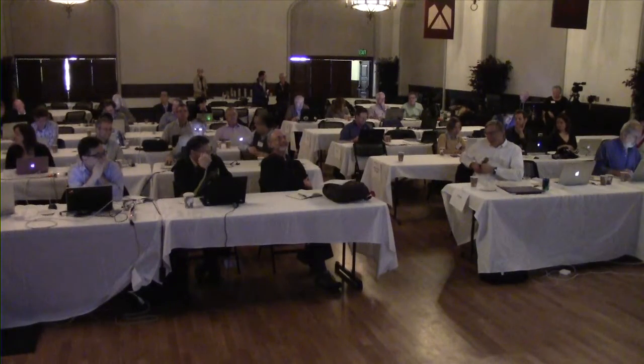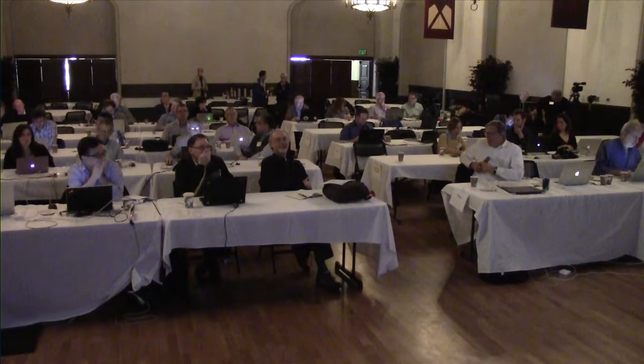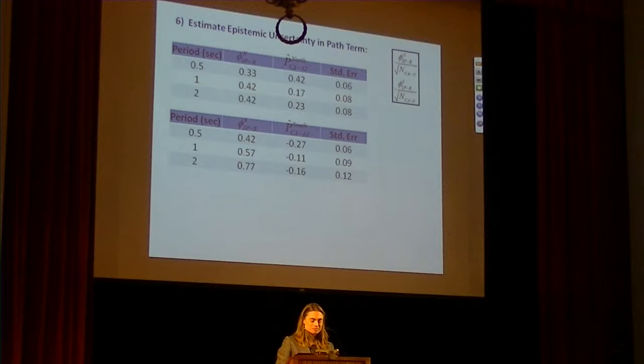Okay, another question. If there was something systematic in the source, say stress drop, it would probably map into the p hat, right? Or will it stay in tau? Something systematic in the source, regionally systematic, north versus south?